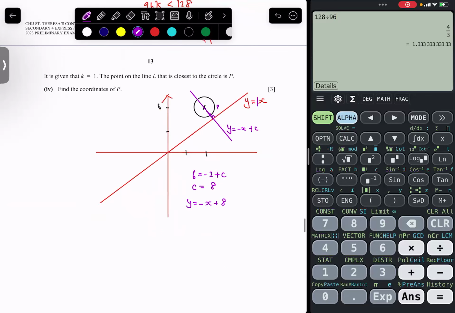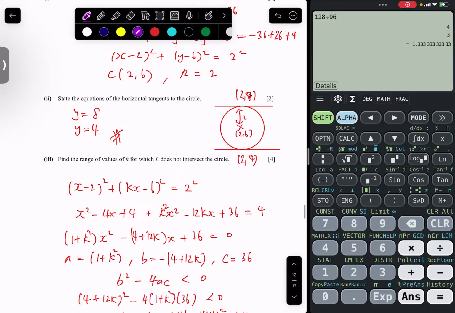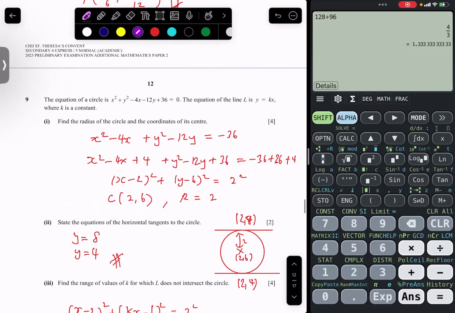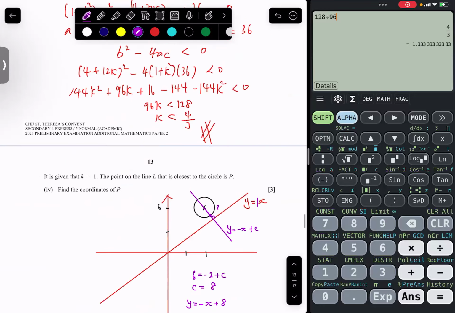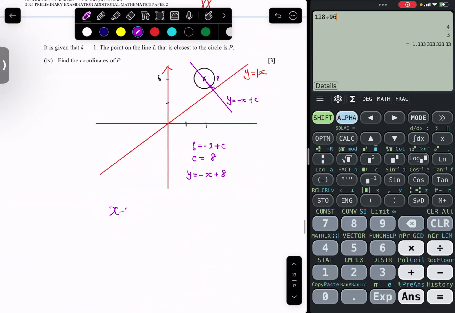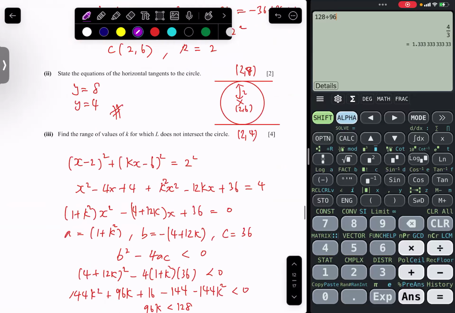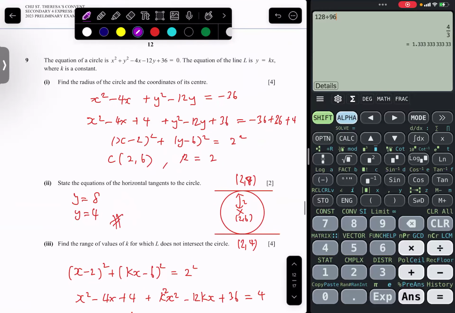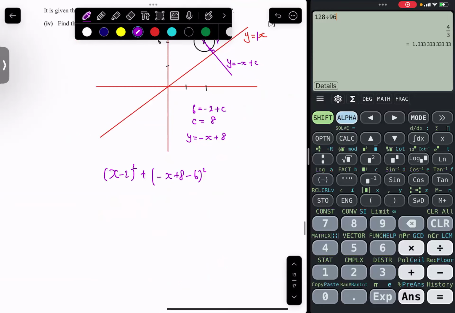Then we'll sub this into the circle equation: x minus 2 squared plus y minus 6 squared equals 2 squared.